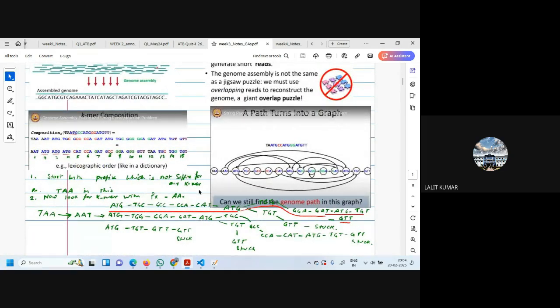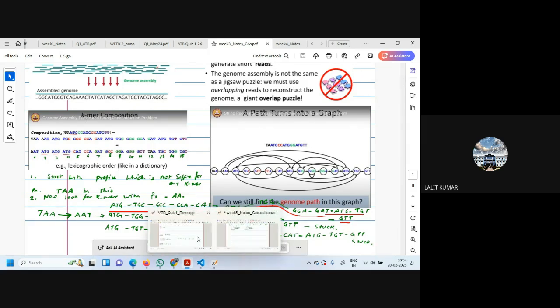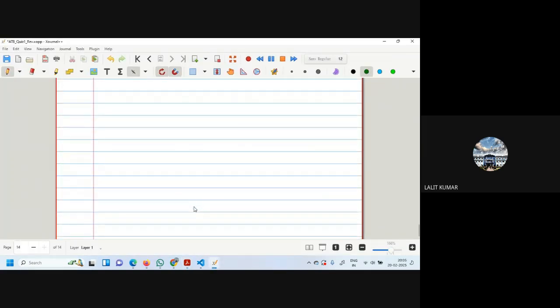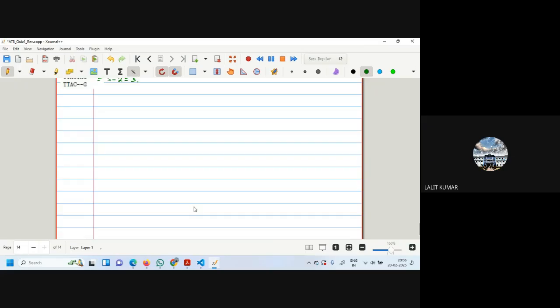There are 3 ways to do that. First, if we have a gene, for example on the left side where my cursor is, you can see the gene. We make a k-mer composition. I will share the formula for that, as it has come in one of the PYQs.